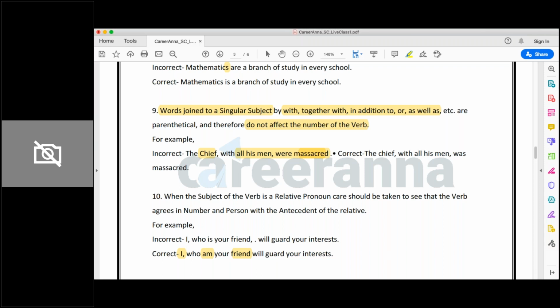Is the relative pronoun who sandwiched between two nouns? What are those two nouns? Word who is sandwiched between which two nouns?